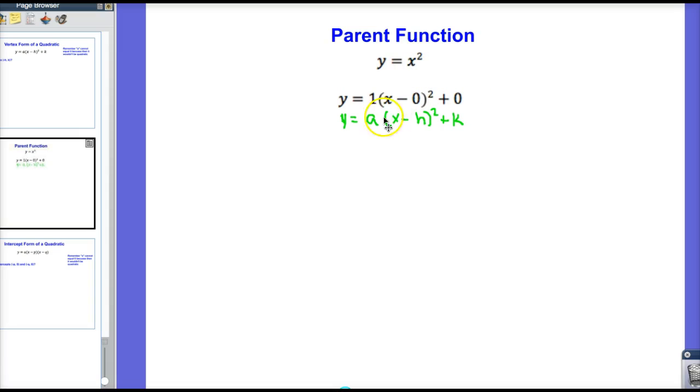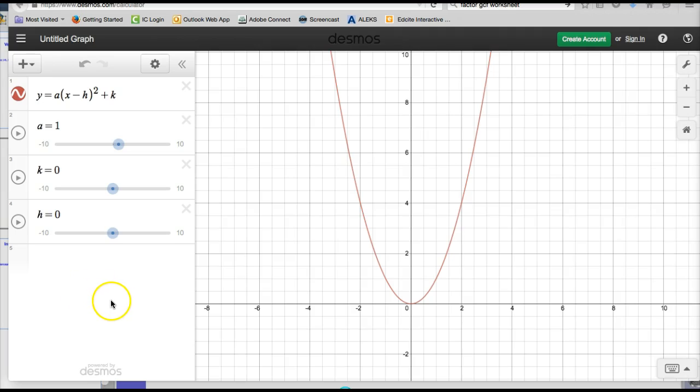That's the same as this because I can multiply by 1, subtract 0, and add 0. None of that stuff changes it. Those are all identity properties. So I just wrote it like this so that I can see a is 1, h is 0, and k is 0. So let's look at that parent function on a graph. We can see that if k is 0 and h is 0, then your vertex is going to be 0.